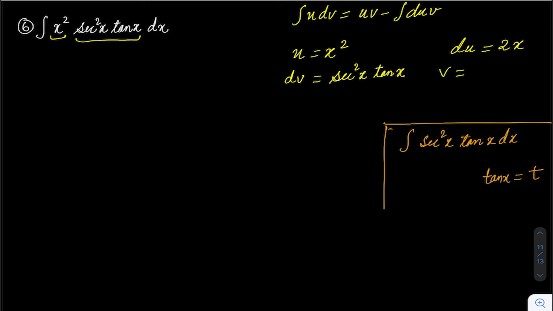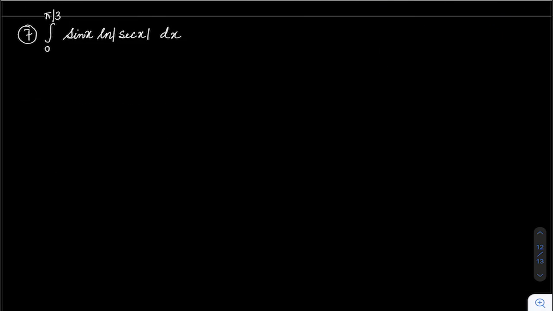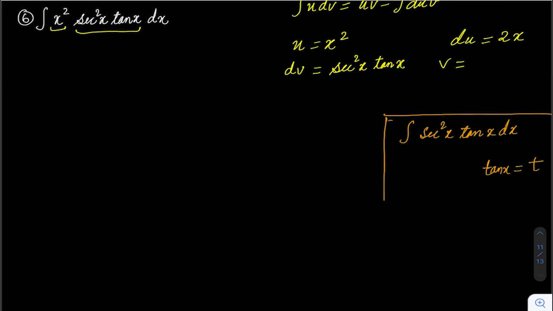So I will use substitution. So tan x is t, then this integration will become nothing but t dt, because secant square x dx is dt. So my answer for this is nothing but t square over 2 plus c.